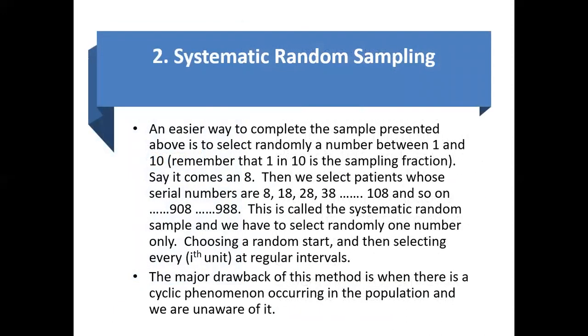Number two, systematic random sampling. Systematic random sampling is an easier way to complete the sample presented above. It is to select randomly a number between 1 and 10. For example, remember that 1 in 10 is the sampling fraction. Say it comes out as 8.